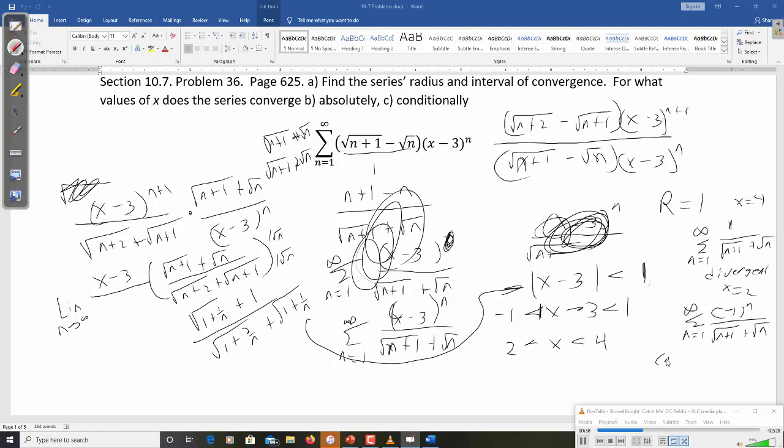Now that will converge conditionally by the AST, the alternating series test. So it converges absolutely on 2 to 4, and converges conditionally on 2 to 4 with a bracket on the 2.